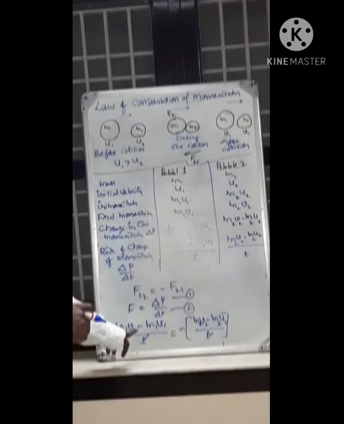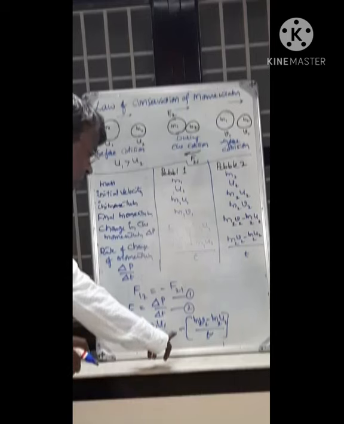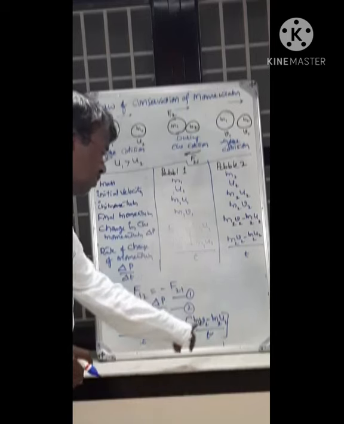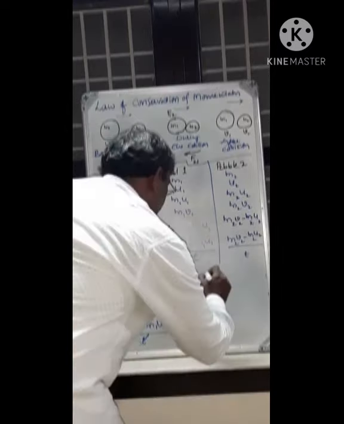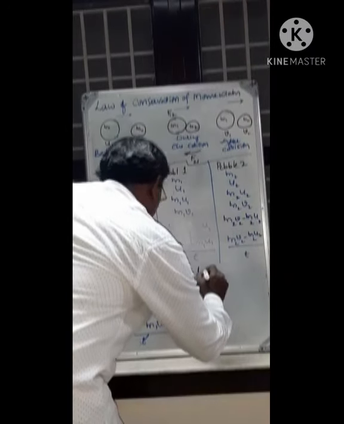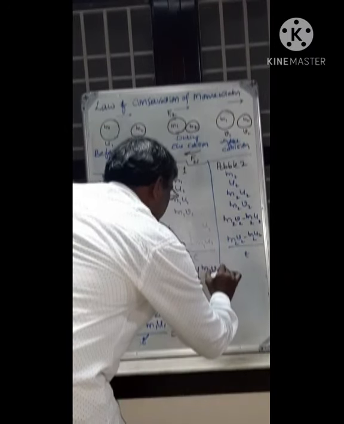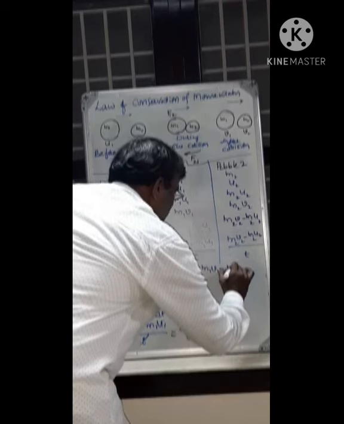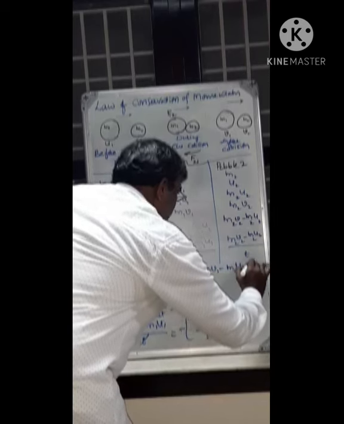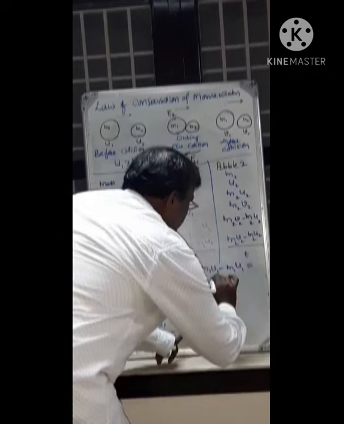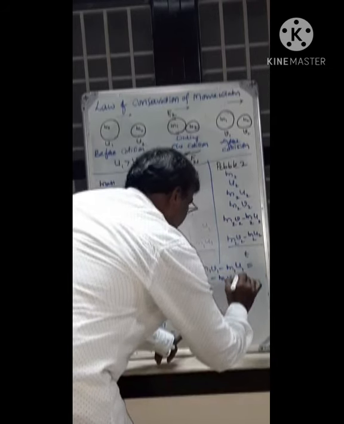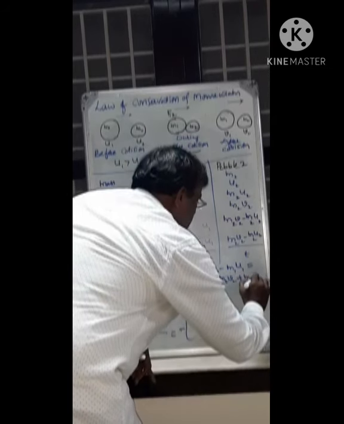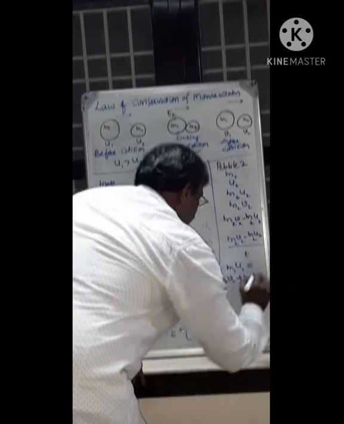Here m1 v1 minus m1 u1 is equal to minus m2 v2 plus m2 u2.